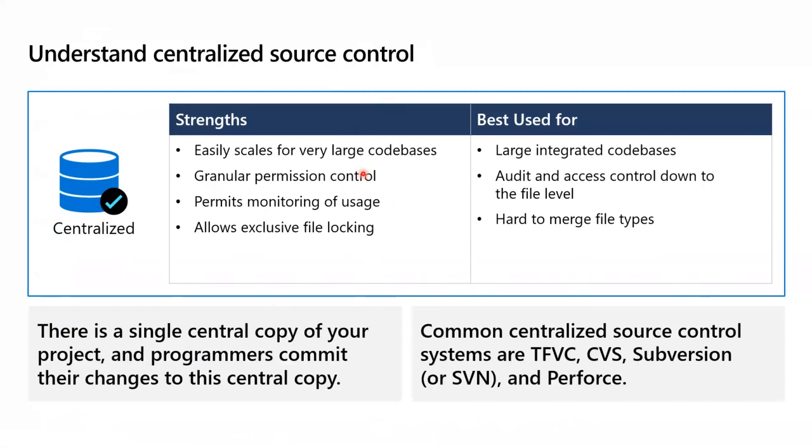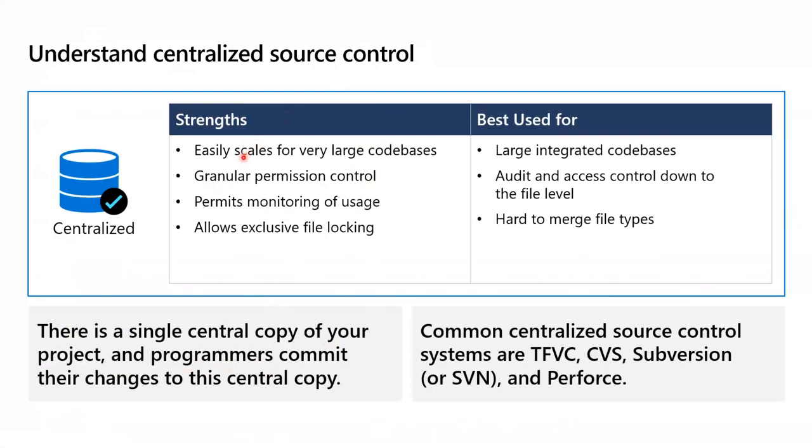One of the most important characteristics of this type of system is that there is a single central copy of your project, and programmers commit their changes to this central copy, and that's it. You are just going to have the most current version on your own computer, and all of the code is going to exist in a single server, just a single version. All right.